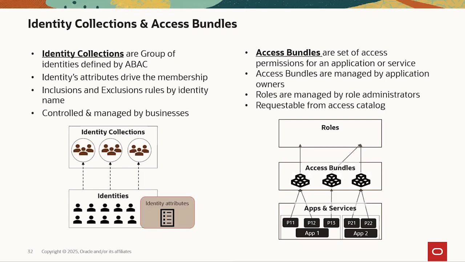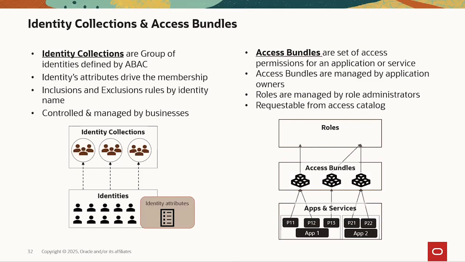So you can create logical groupings of identities. And the reason I say logical is because these are not your groups in OCI IAM systems, or these are not your groups in your HR system like PeopleSoft or Oracle Fusion HR. These are logical collections of identities that you create in the access governance system. And then you do bulk provisioning, deprovisioning to different target systems using these identity collections.